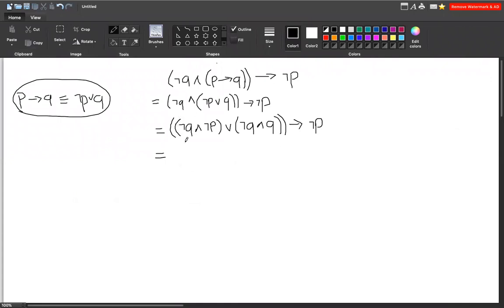Now we can just remove the brackets in the next step to simplify, because there is nothing inside that we can solve.